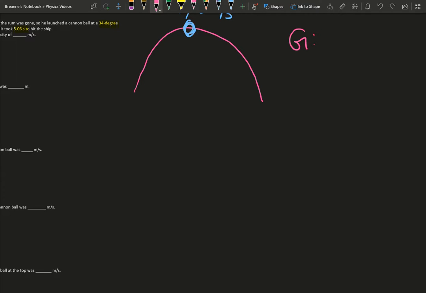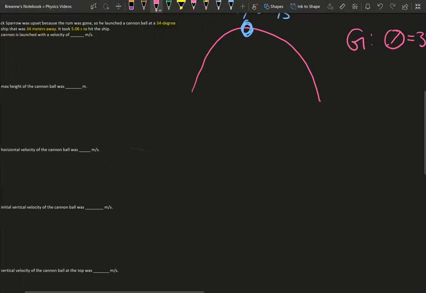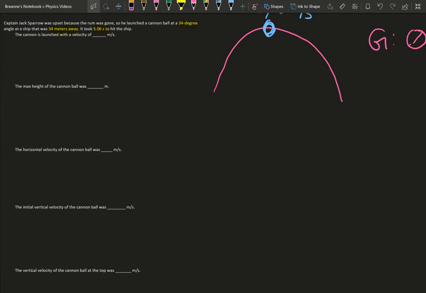So the first thing it gave us is our angle. So our angle is 34 degrees. The next thing it gave us is how far away the ship is.